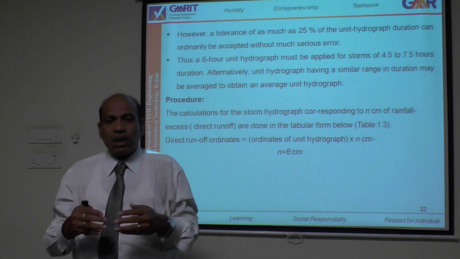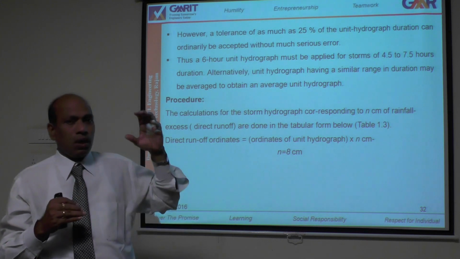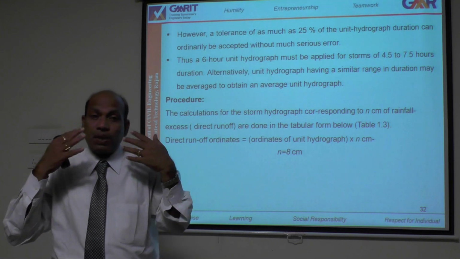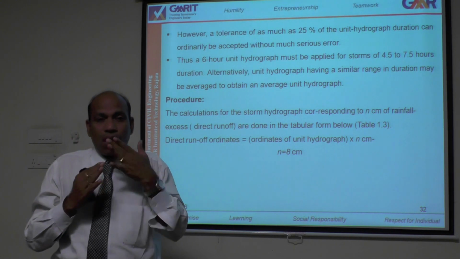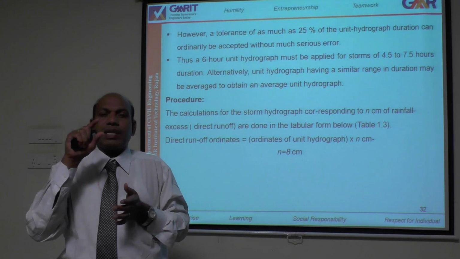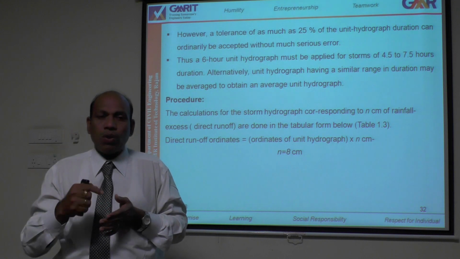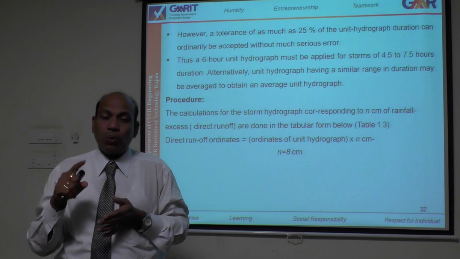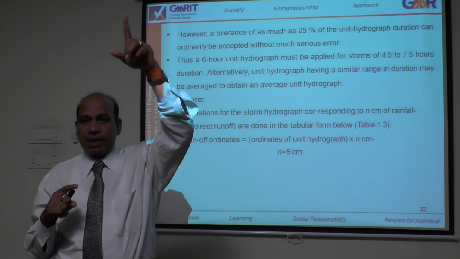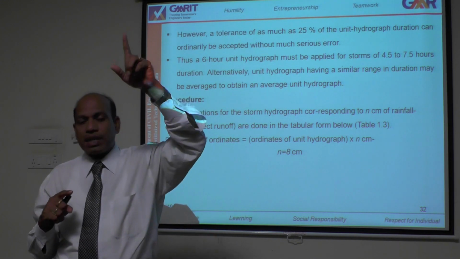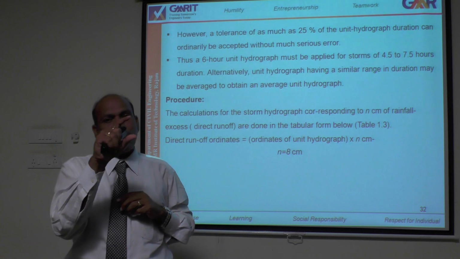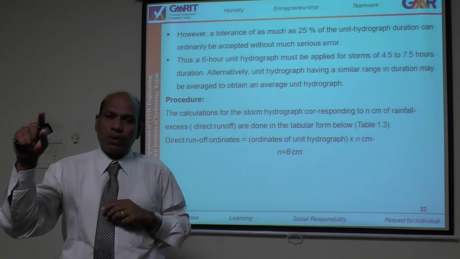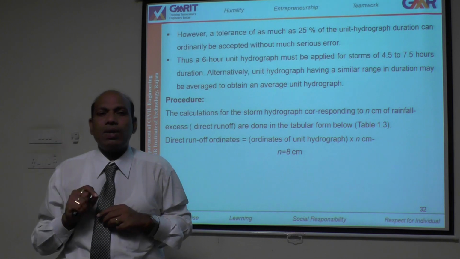But here, first of all, we have the unit hydrograph ordinates, right? First of all, what are we going to calculate? Direct runoff ordinates. Direct runoff ordinates equal the unit hydrograph ordinates times n centimeters of rainfall excess.